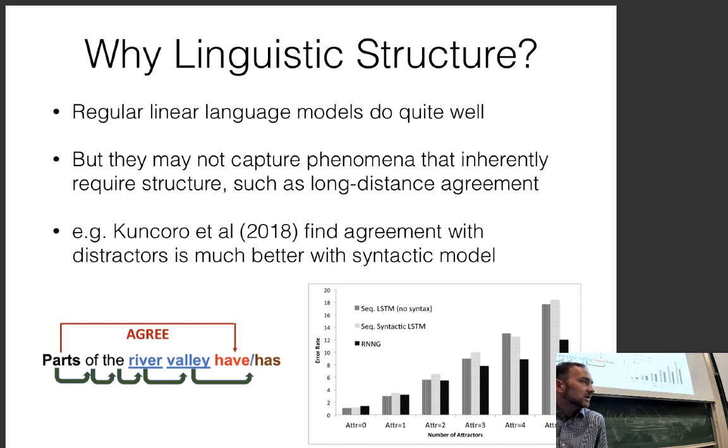They compared the perplexities, and the perplexities of the models were pretty similar. They weren't hugely different, which might make you think that we don't need to worry about modeling syntax because they look very similar with respect to overall perplexity.